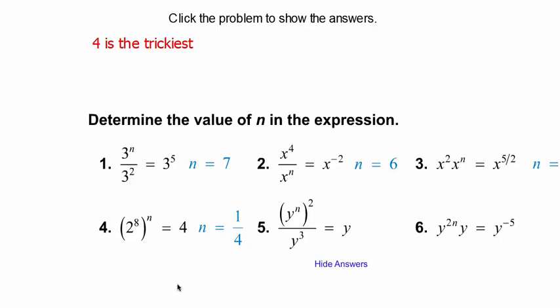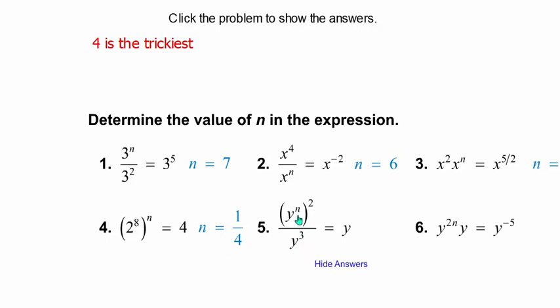Then, this is the trickiest, because we have 2 to a power, so this side, the power is 8n. And we need to get this side to the same base, so we replace the 4 with 2 to the 2 power. So 8n equals 2. Dividing that, I get n equals 1/4.